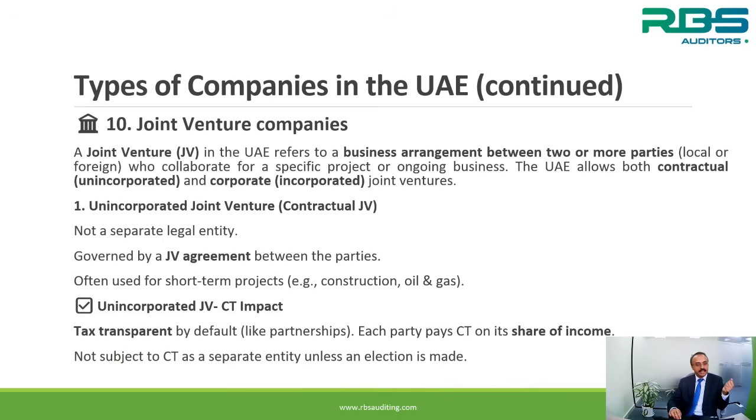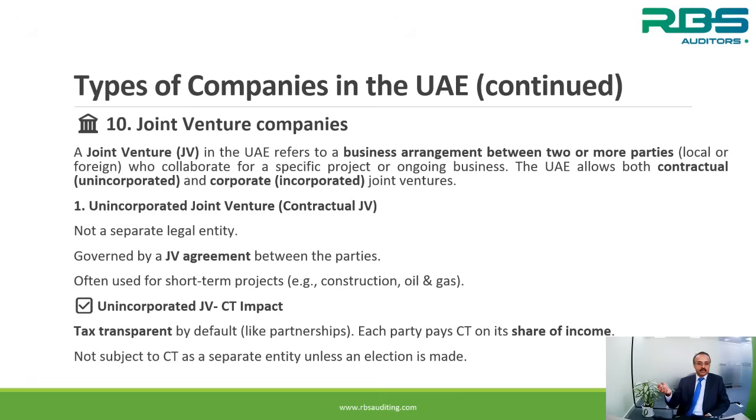Unincorporated JV CT impact: tax transparent by default, like a partnership. We have mentioned each party pays CT on its share of income. So if three companies are in an unincorporated JV, they don't have a separate trade license, but they have a separate MOA or memorandum of understanding to do the business. Based on that, each entity, company A, company B, company C, will be taxed on its own share of income.